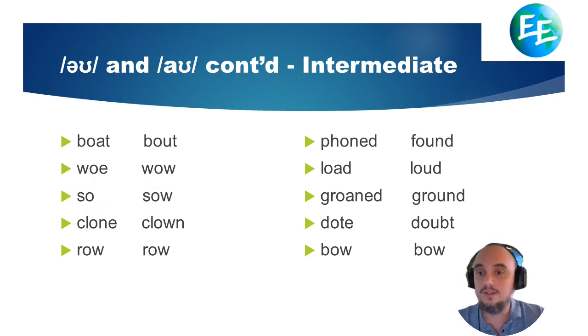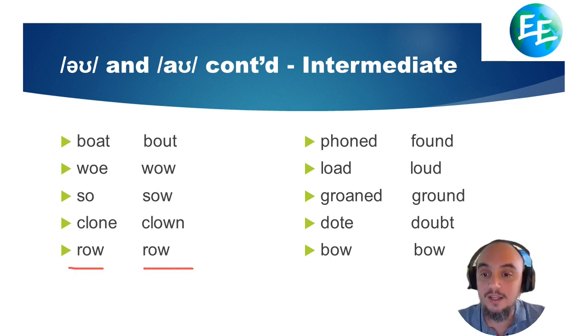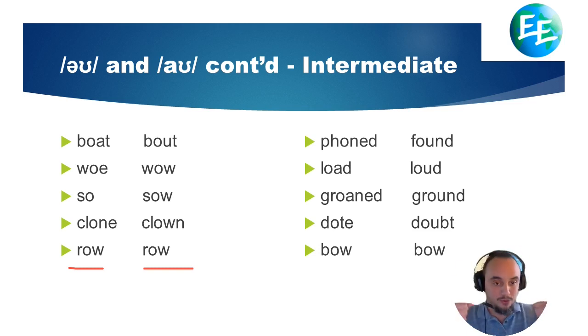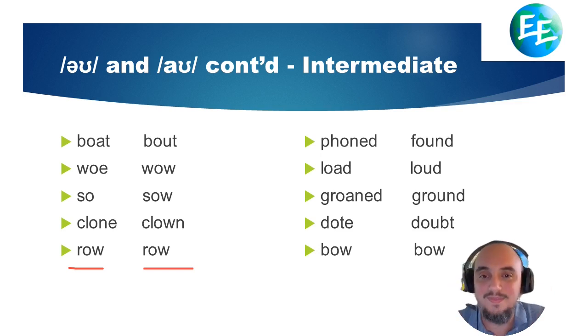All right. Then we have clone, and we have clown, row, and row. Again, these ones are spelled exactly the same, so your pronunciation will tell the listener which word you are saying. Row as in row a boat, row as in get into a fight or something.